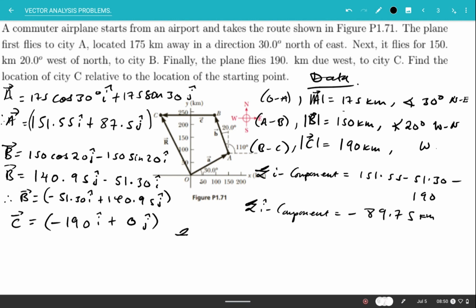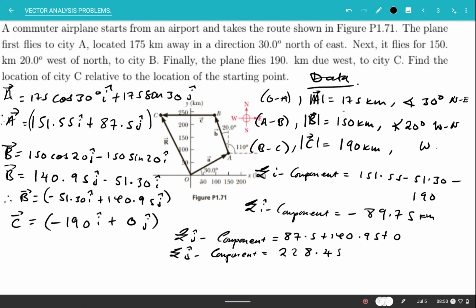That's for the I. And you sum up the components for the J. You get 87.5, then 140.95, then 0. So the sum of the J components is 87.5 plus 140.95, which gives you 228.45 kilometers.